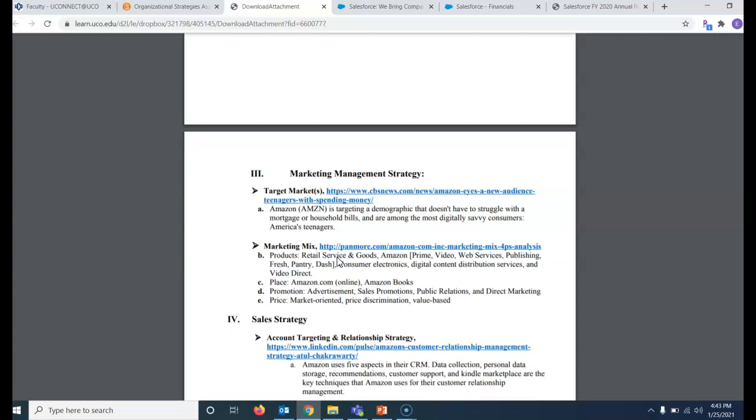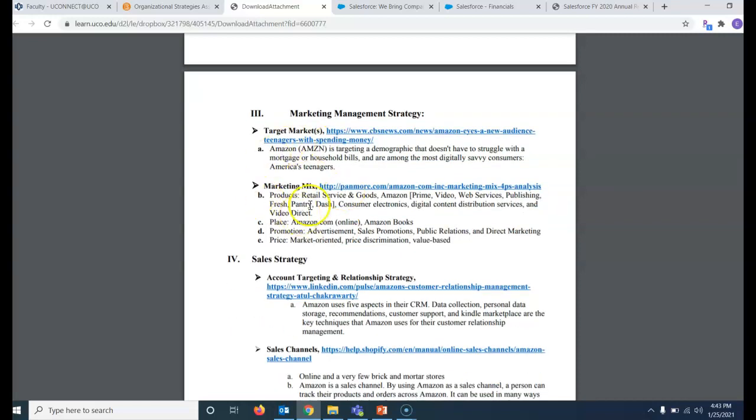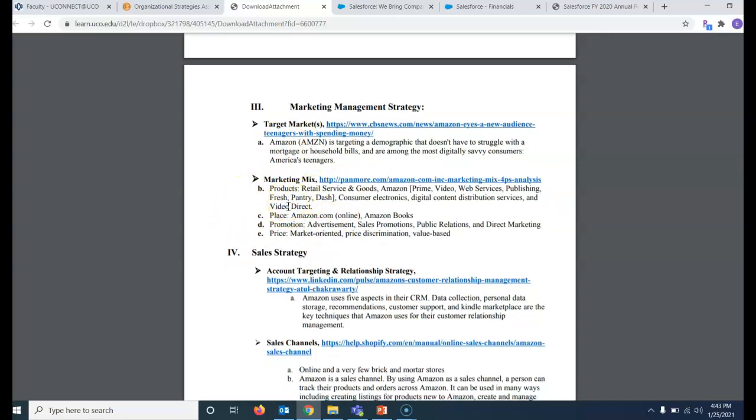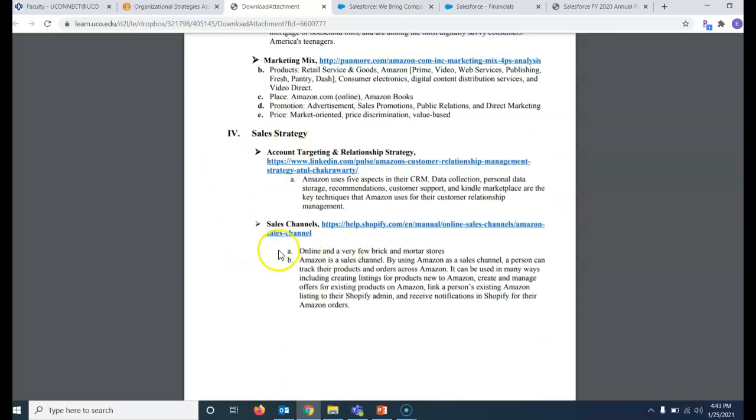And if you can find the strategies for each of those, then please do. If you try and you just cannot find it, put a note in there to me just so that I know that you at least attempted it. Target market, marketing mix, and then there's sales strategy.